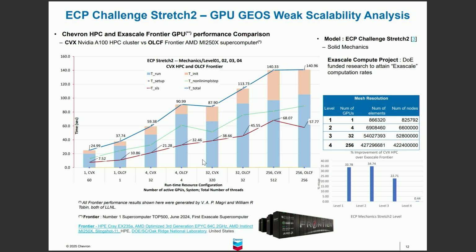And we ran the first 4 levels for weak scaling, and we did pretty well everywhere, except now we used up to 256 GPUs, I believe. So we did a little bit better than there.